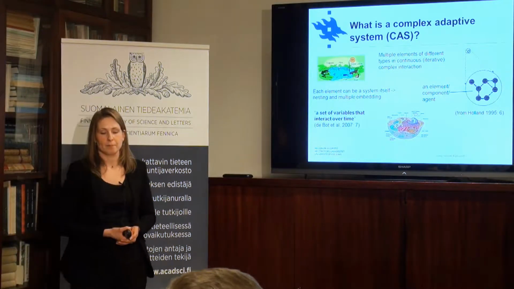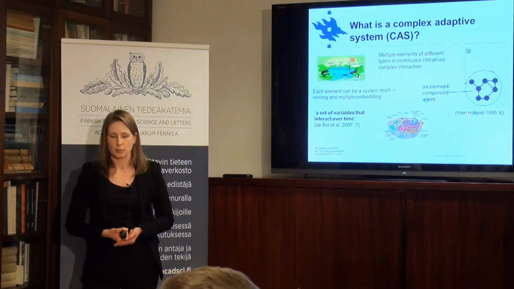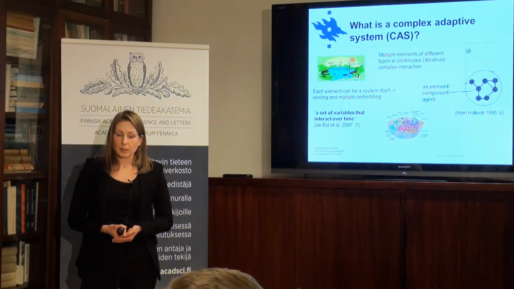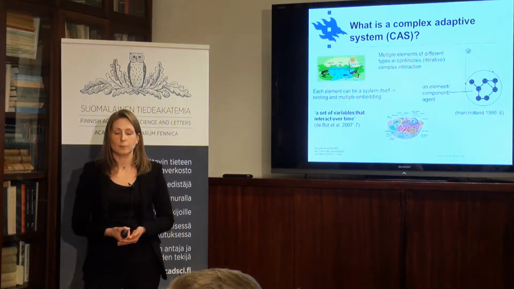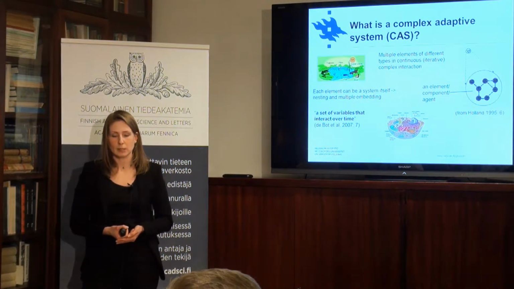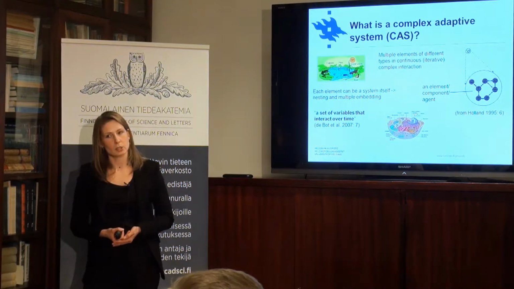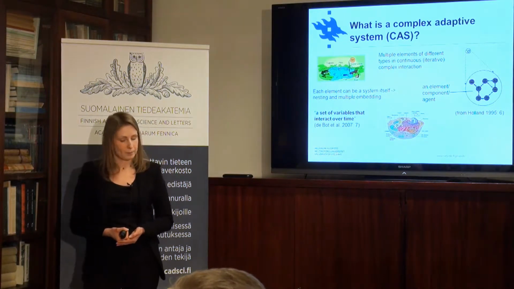A biological cell would be a complex adaptive system, a biosystem would be a complex adaptive system, or at least can be modeled so. A complex adaptive system involves multiple embedding and nesting. So an element or an agent of a complex adaptive system can itself be a system, and so on and so forth.